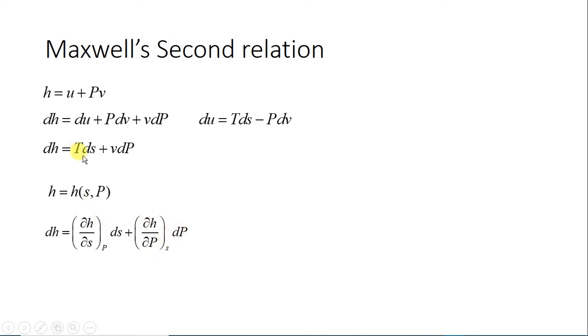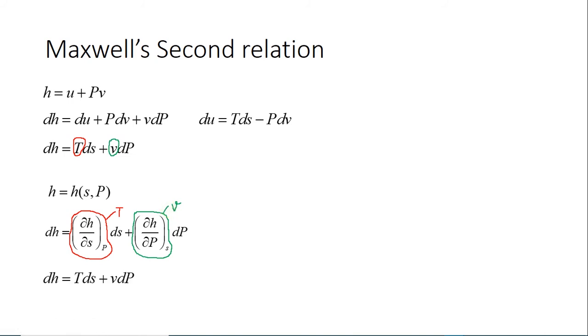Now again, if you compare these equations, ∂h/∂s when pressure is held constant indicates T, and similarly ∂h/∂P when entropy is held constant indicates specific volume v.